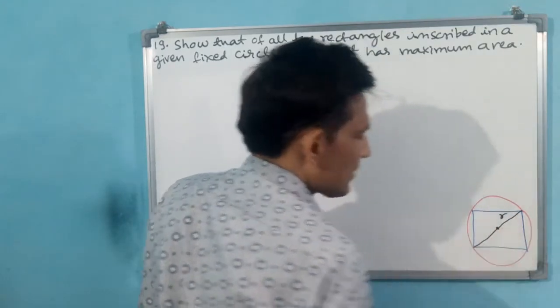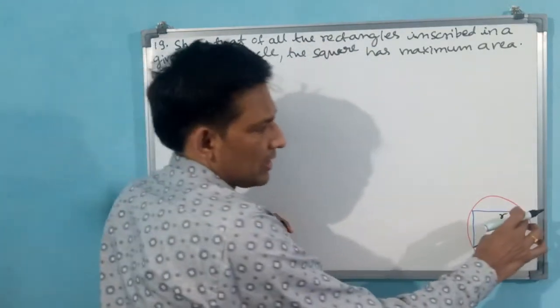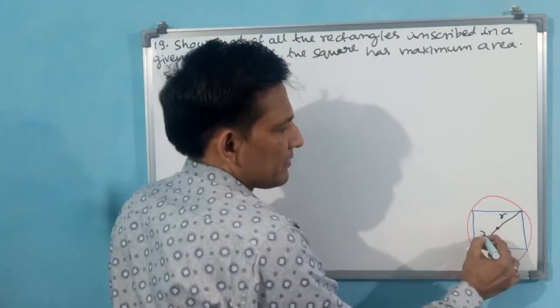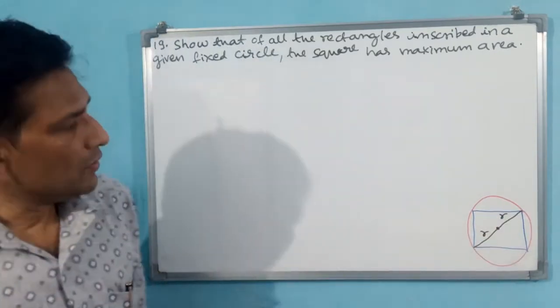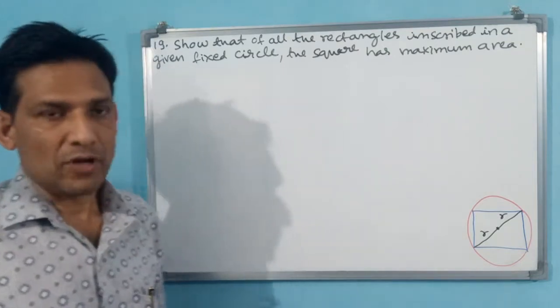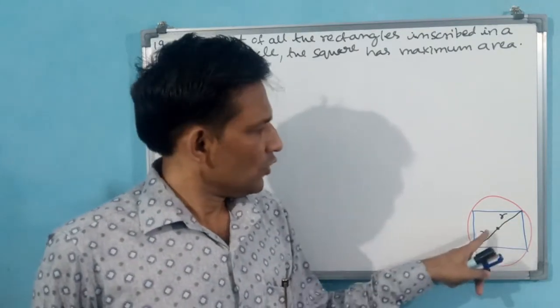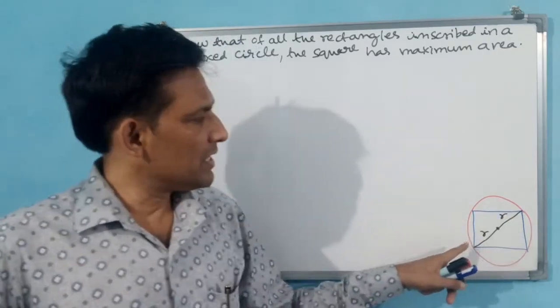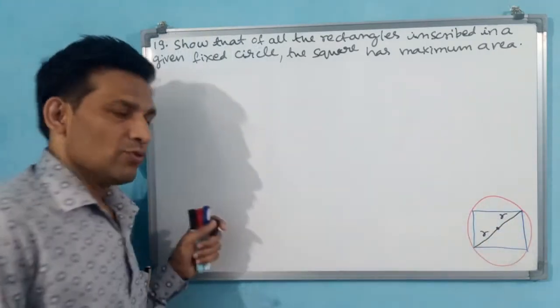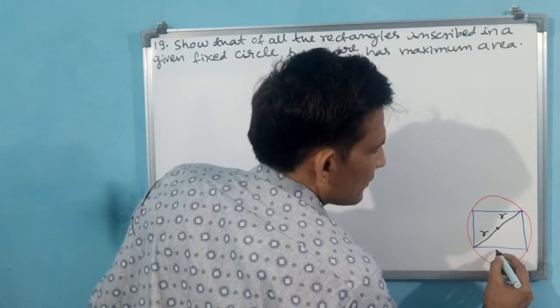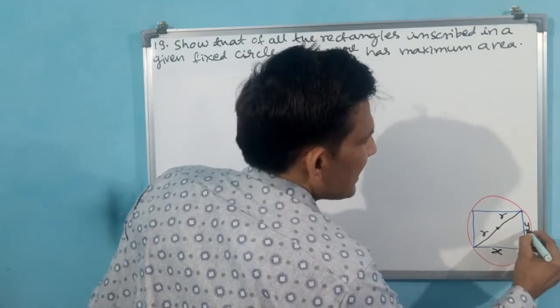This will be radius r, and this also r. Total diagonal will be 2r, r plus r. That means one radius, diameter. R plus r, 2r will be the diagonal. Okay. You see here. This side I will take as x, this side I will take as y.